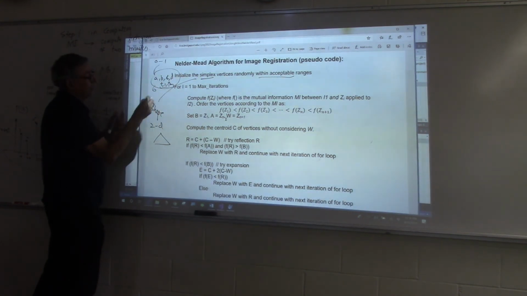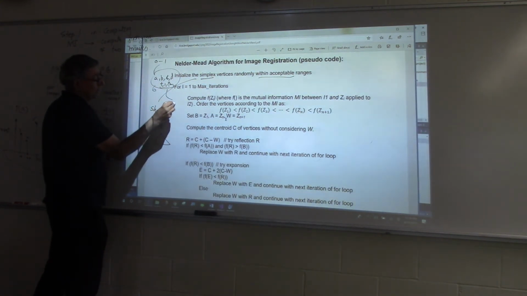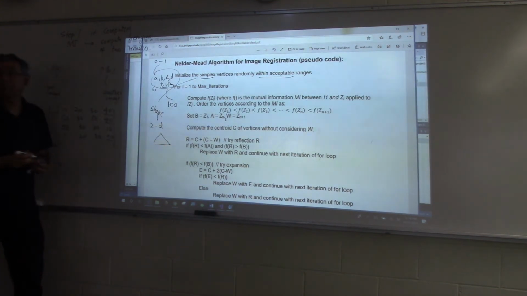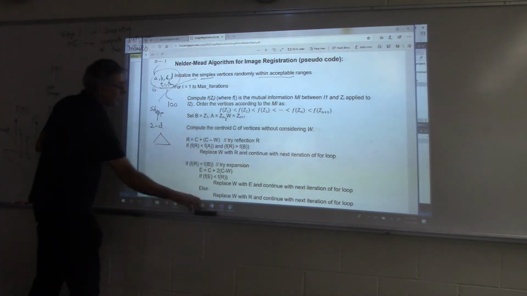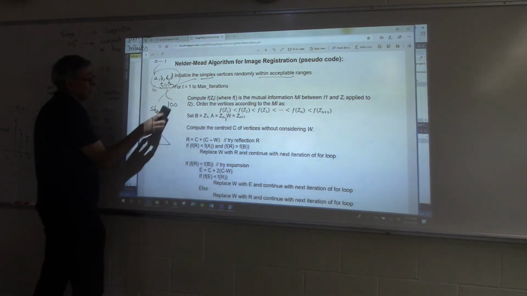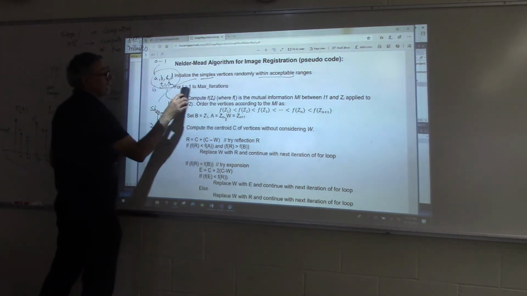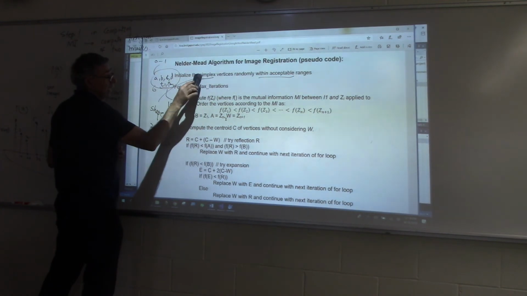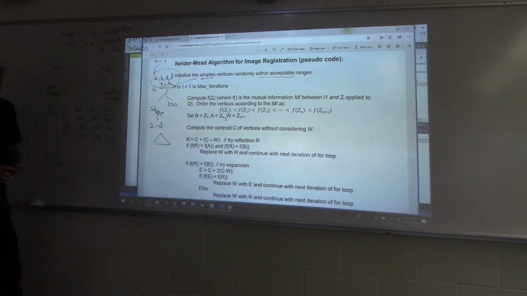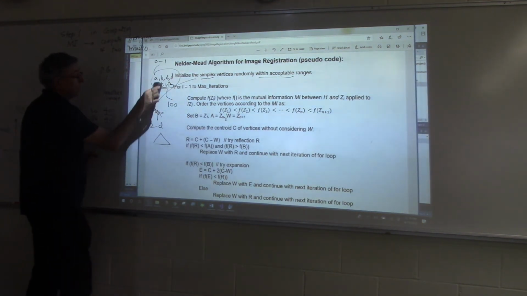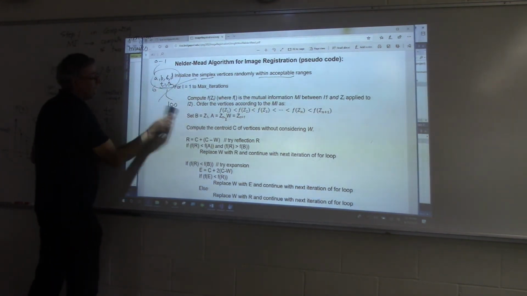For T1, T2, if we know the maximum shift could be 100 pixels, it could be 0 to 100. Based on whatever prior information we have, we'll randomly create, in our case, 7 points, 7 vertices, each with 6 values.